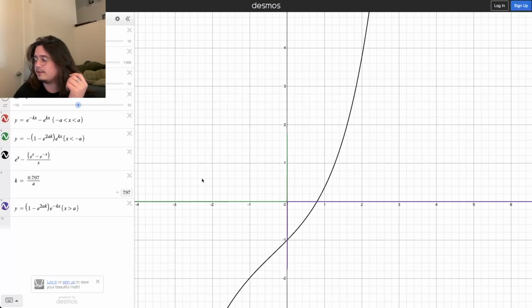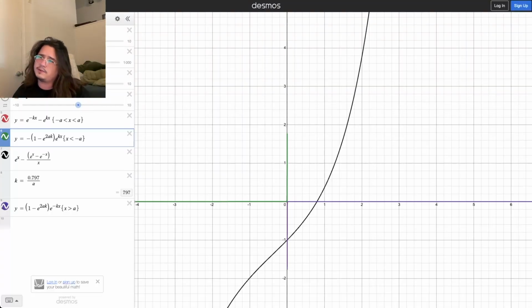So then that energy just goes to whatever the energy for the single delta function is, which is minus m alpha over h bar squared. Okay, so that's pretty cool. No, it's minus m alpha squared over 2 h bar squared. Yeah, for a approaching 0.